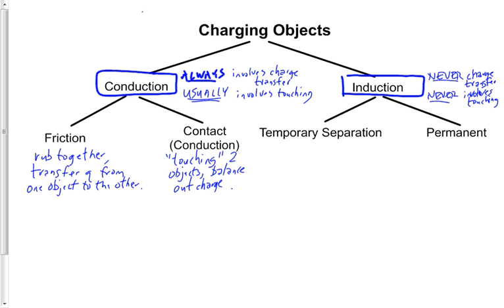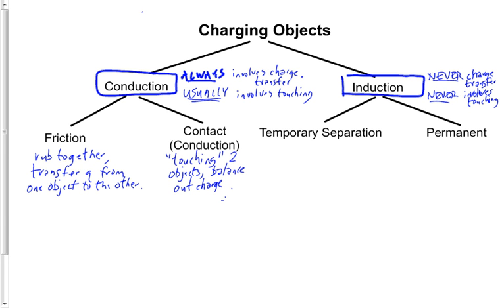The cloud is close enough to the ground, and the air is a good enough conductor when it's moist to allow the charges to arc from the cloud to the ground, or the other way around. That's the example we did of conservation of charge a few minutes ago, right? That was charging by contact. Just remember that it doesn't actually have to involve touching. Usually does, but not always. But it always involves a charge transfer.